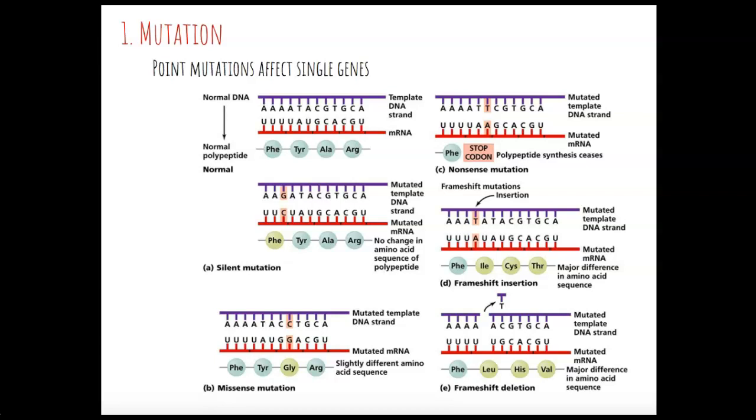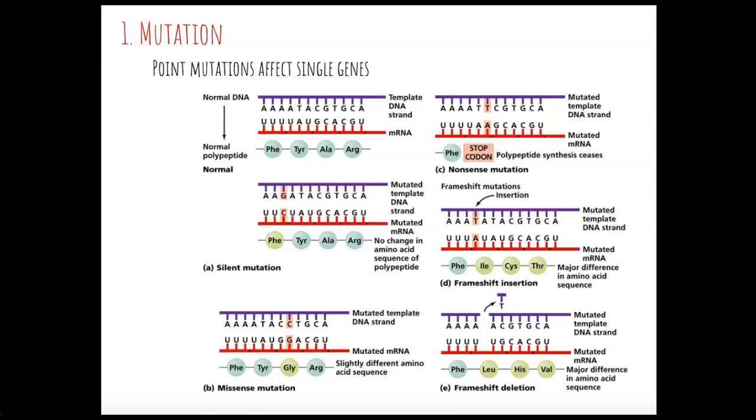In your normal DNA, you have your DNA that codes for mRNA. If any changes occur in the DNA or the mRNA, it's going to affect the proteins that are coded for, and therefore can affect the building blocks of your cells and other things in your body.